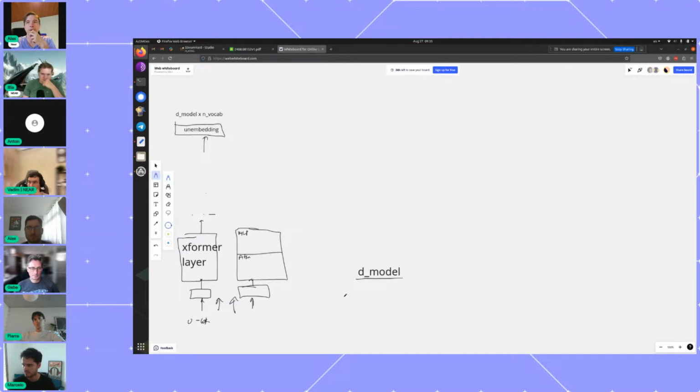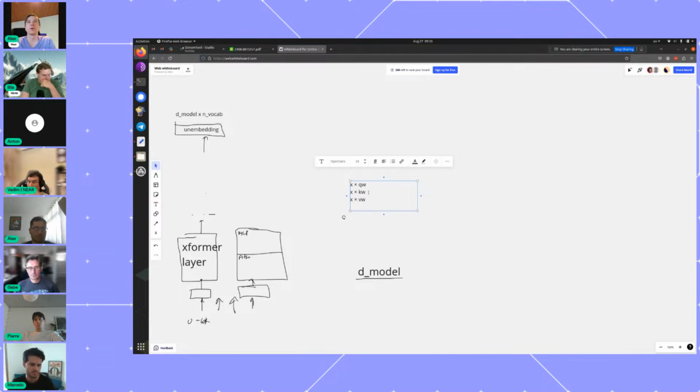Right, so in the attention, you start by multiplying this vector of size D model, the input, let's call it X, by three matrices. Let's call them W_Q, W_K, and W_V. Then you have X times W_Q, X times W_K, and X times W_V.